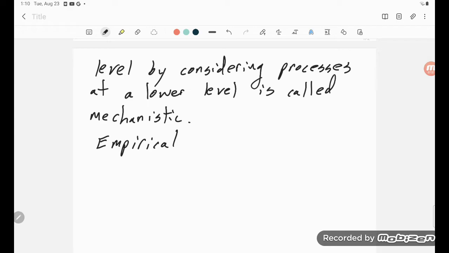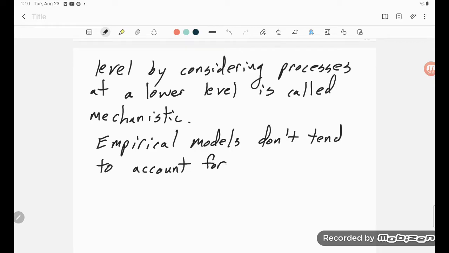So it's an I. Empirical models don't really account for the mechanism of the process.